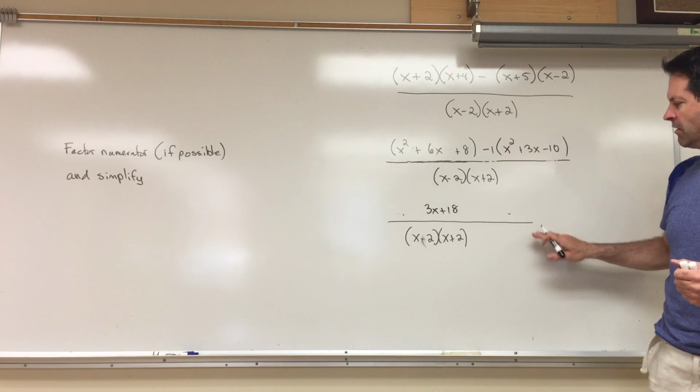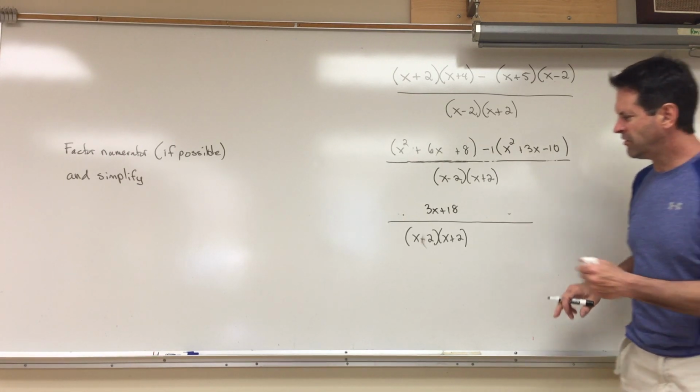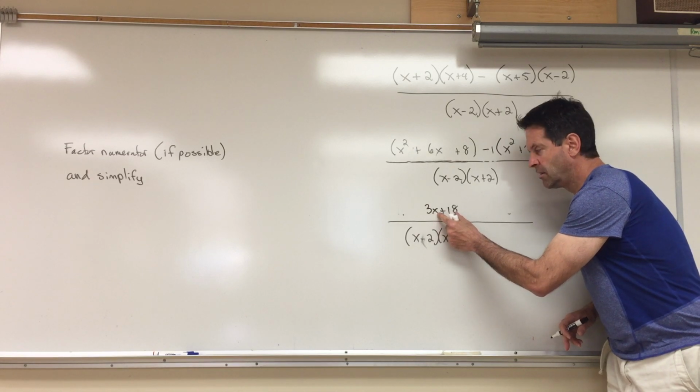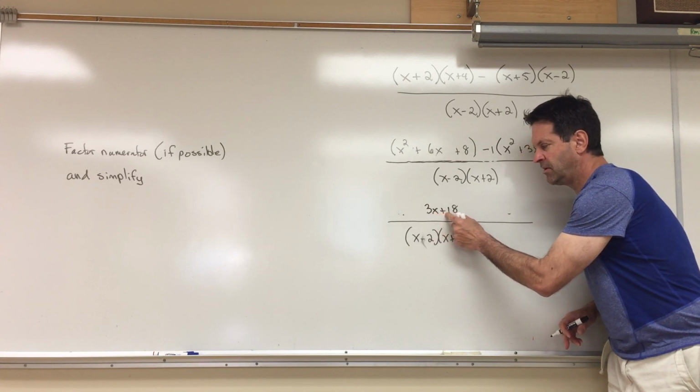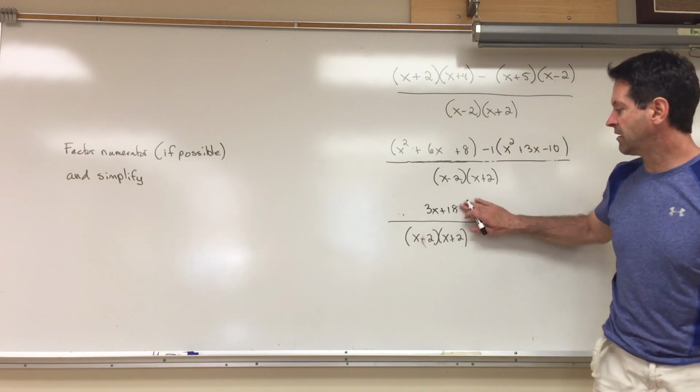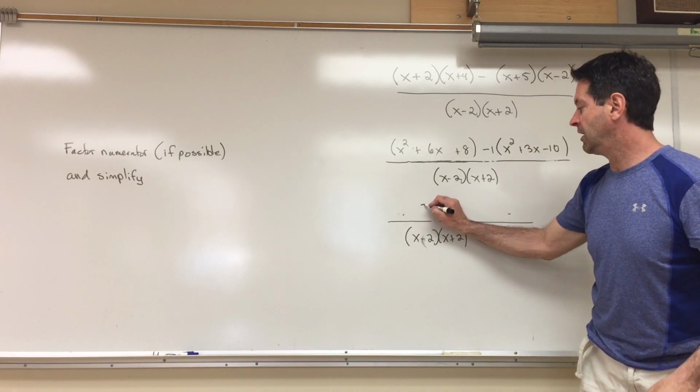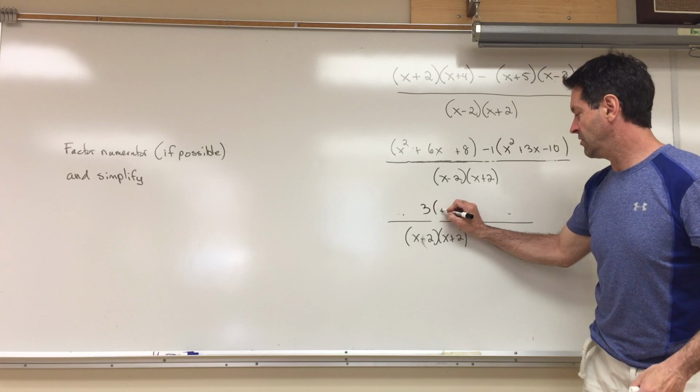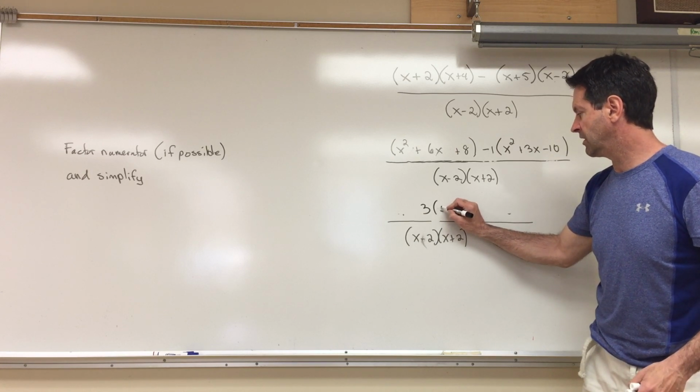Now the last part here, you're almost done. We would see if we could factor the numerator. And we can. 3x plus 18. We can take out a greatest common factor. You take a 3 out of 3x, you've got x. And you take a 3 out of 18, what do you got there? 6.